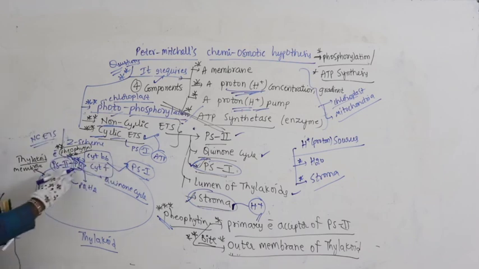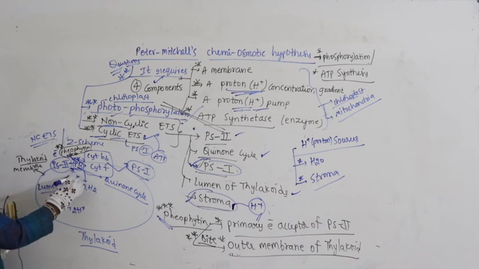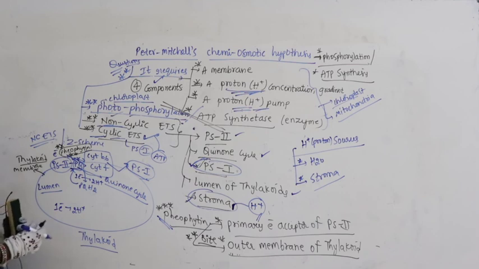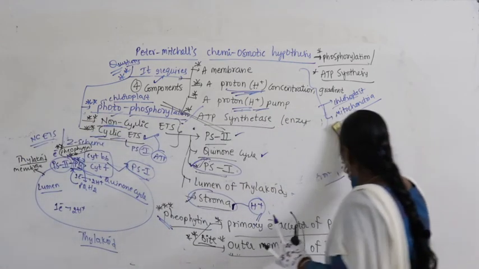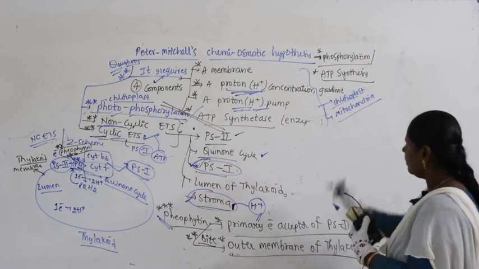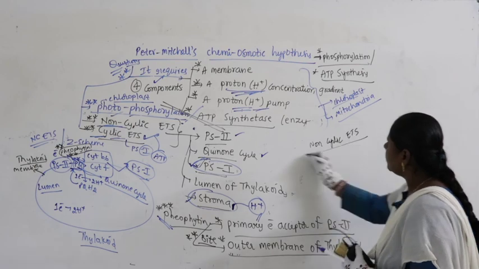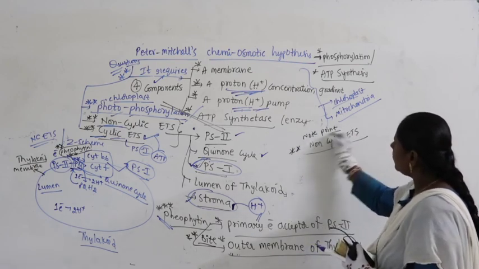In this plastoquinone, each electron is carried with 2 protons, so when it drops one electron, it drops 2 protons. Altogether, in the non-cyclic electron transport system, I will give you a note, very important.